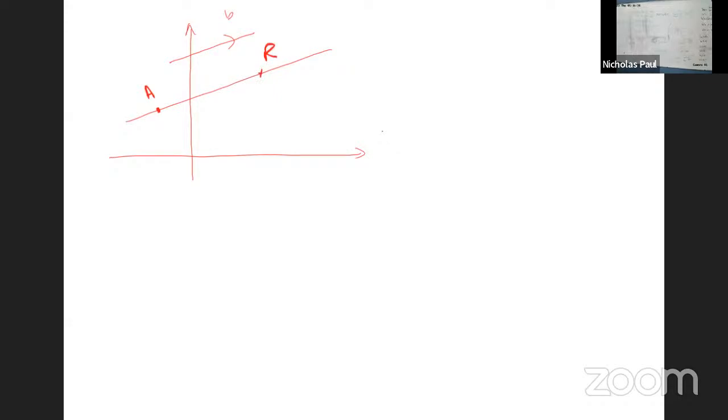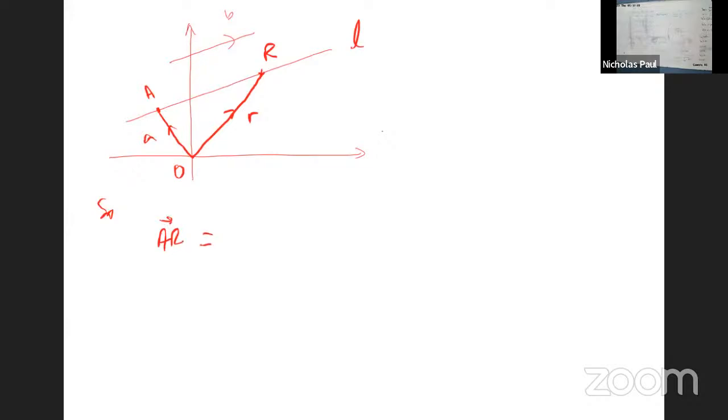The position vector to A, we call it small a. Position vector to R, we call it small r. We're going to use this now to find the vector equation of that line L. So AR, if we use direction vectors, what's the alternate route from A to R?